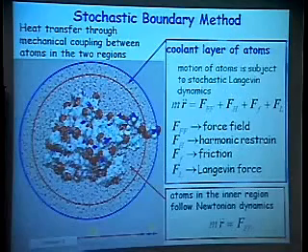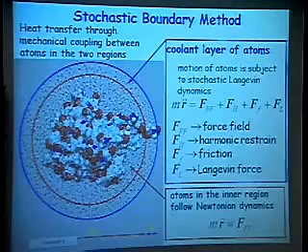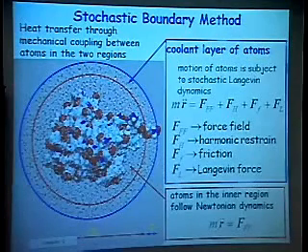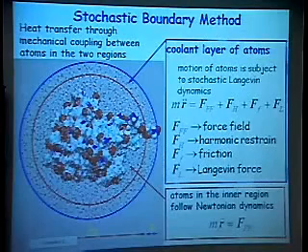Now, what is the dynamics, the equation of motion, for the atoms in the stochastic boundary layer? Why is it called the stochastic boundary layer? It's because the equation of motion will be stochastic. You have this Langevin force.